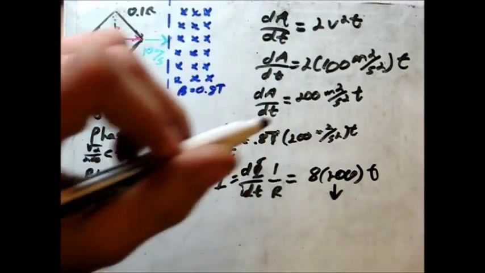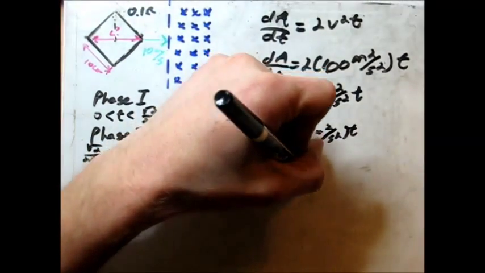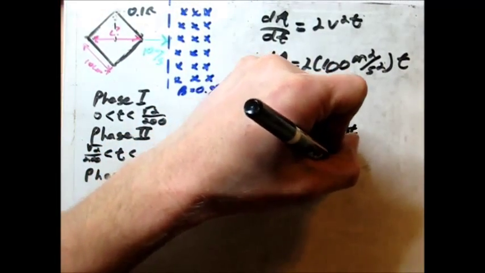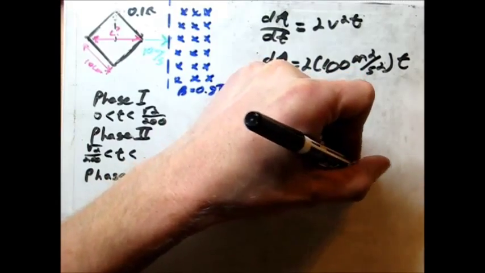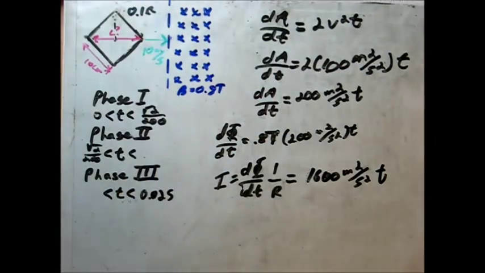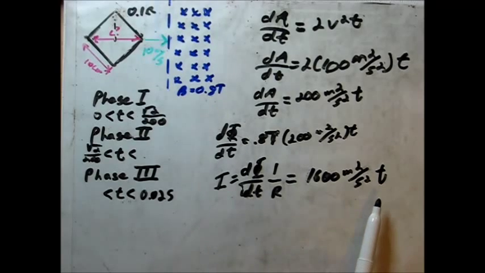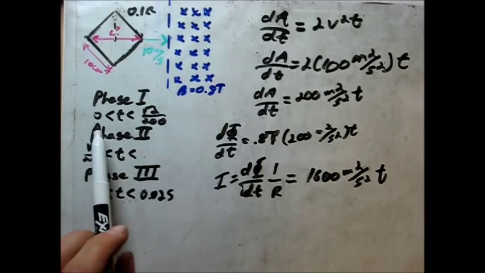So that ends up being 1600 meters squared per second squared times t. And that is the way you solve the current in the first phase.